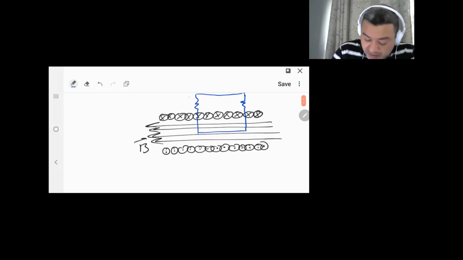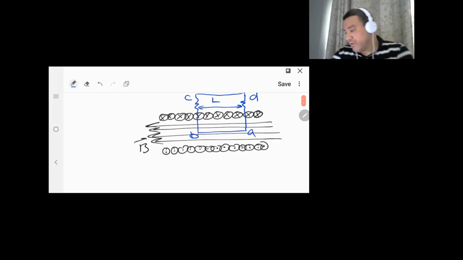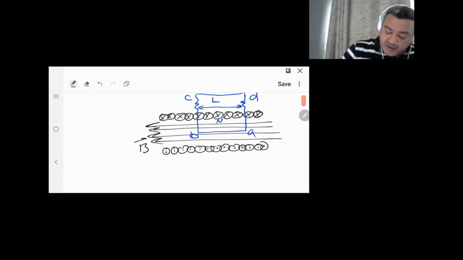So this is C, D, A, B, and this is L, and the number of turns within this L is N. I have N wires within this loop, and now I need to apply Ampere's law.